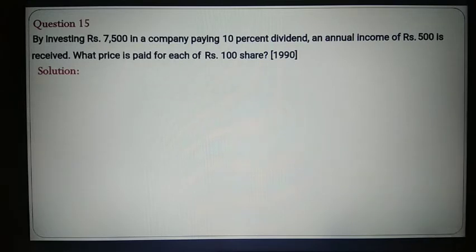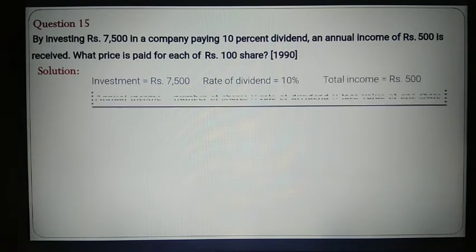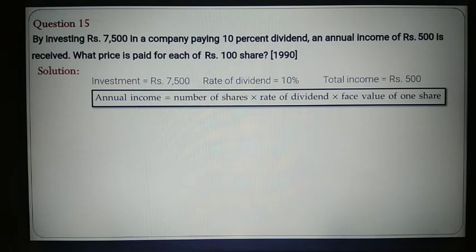So let's begin. Whatever is given, I'm going to note down first. So investment is given, rate of dividend is given, and annual income is given, right? Now again we'll make use of the same formula. See here carefully, number of shares into face value.